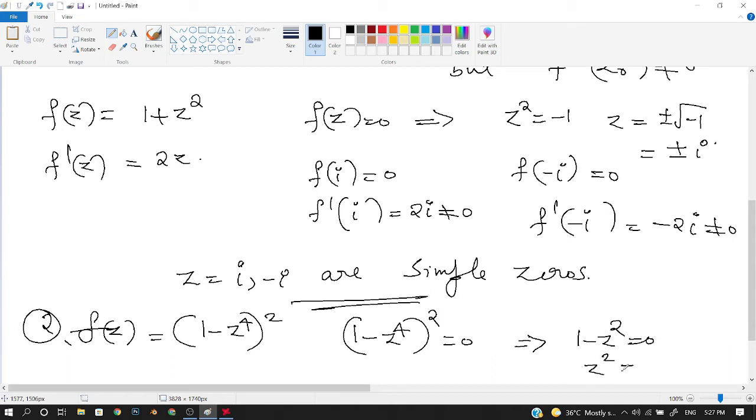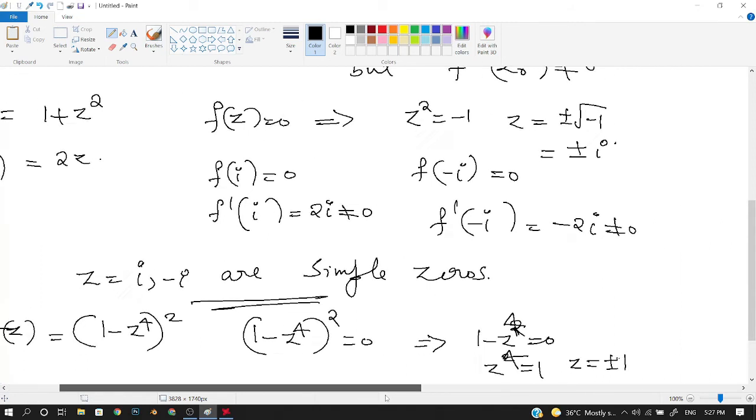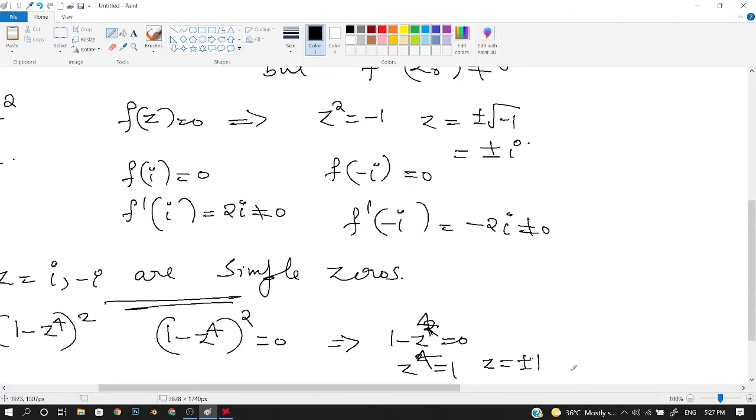So z raised to 4 is equal to 1. The possible values are plus or minus 1 and plus or minus i.